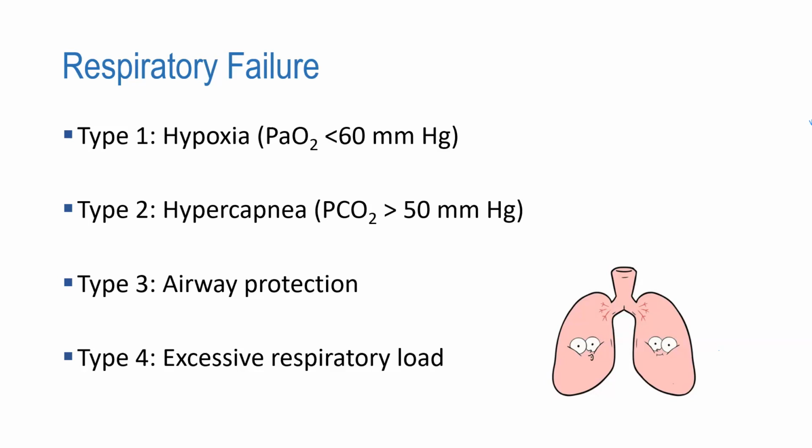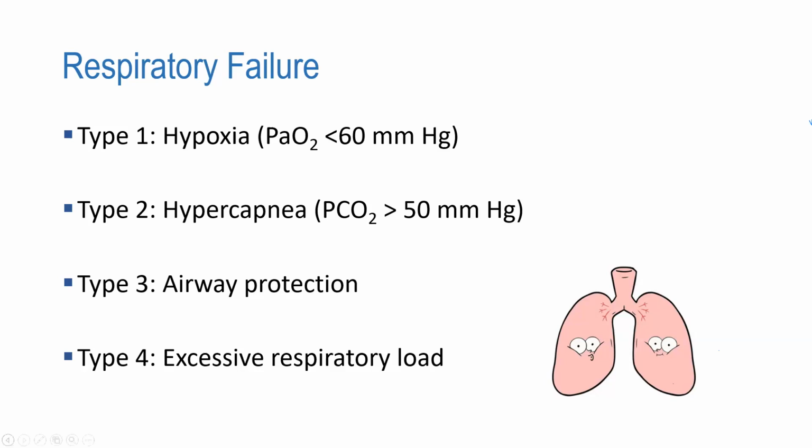IPAP, inspiratory pressure, on BiPAP determines your tidal volume. Your tidal volume helps you clear CO2. So I'm going to set your IPAP to increase your tidal volume and clear your CO2. If that doesn't work, I'm going to intubate you, and I'm going to use respiratory rate and tidal volume to help you clear CO2.